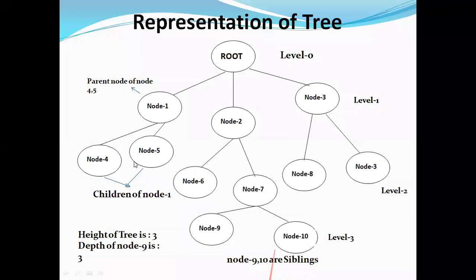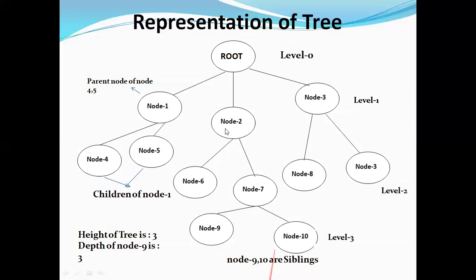This means node 4 and node 5 are siblings.